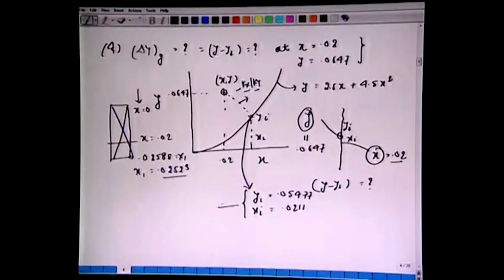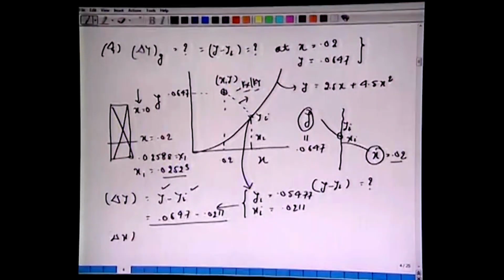Based on this, we have the answer del y equals y minus yi. Y is known, so this equals 0.0647 minus 0.0211. All right. Similarly, one could also have calculated the driving force based on the liquid phase, xi minus x.